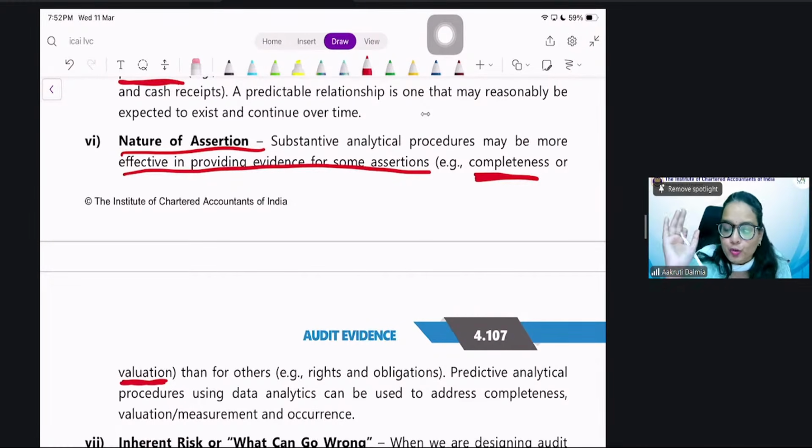No. At that time you have to do inspection, inquiry, and external confirmation will be more useful. So it is not that for all assertions you can use substantive analytical procedure. Even if you are checking salary, for some assertions analytical procedure will be useful, but for some other assertions, inquiry might be useful. Okay.